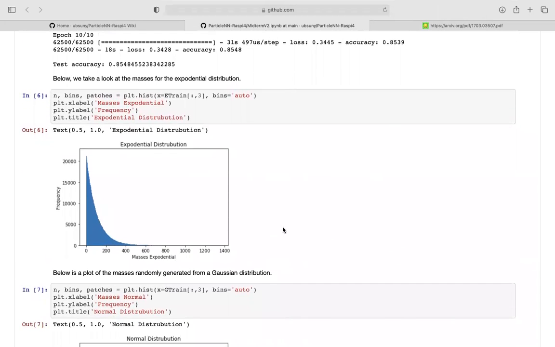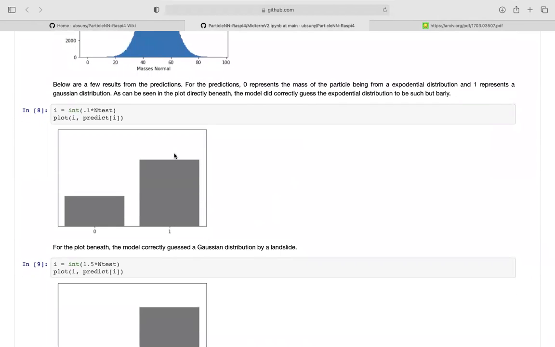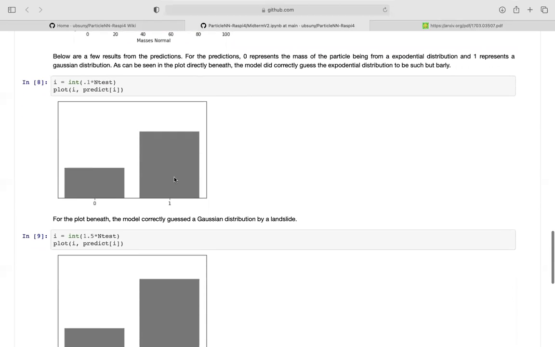This is showing the exponential distribution and normal distribution to check our work. This is for one specific data piece. As we can see, the model correctly guessed the Gaussian distribution, but barely. It didn't do it quite as well as we would hope.